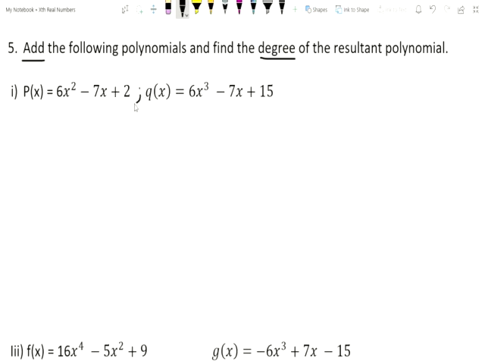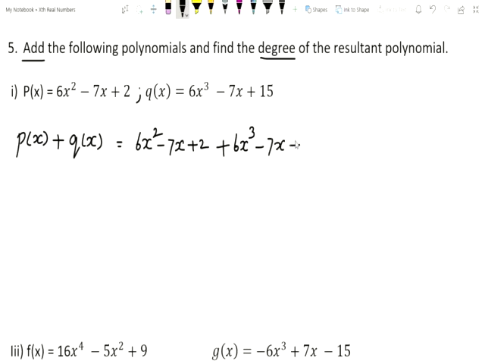Q of x equals 6x cube minus 7x plus 50. We are going to add P of x plus Q of x: 6x square minus 7x plus 2 plus 6x cube minus 7x plus 50.